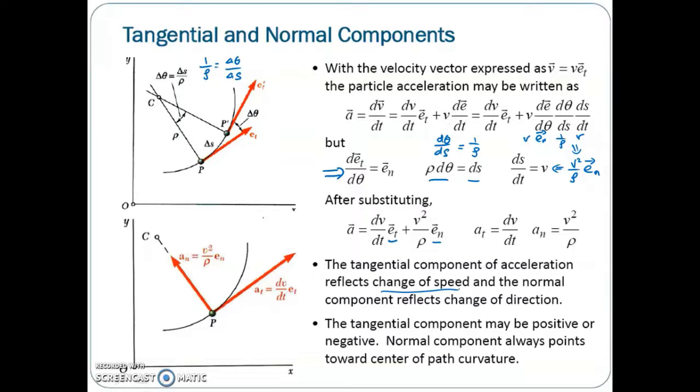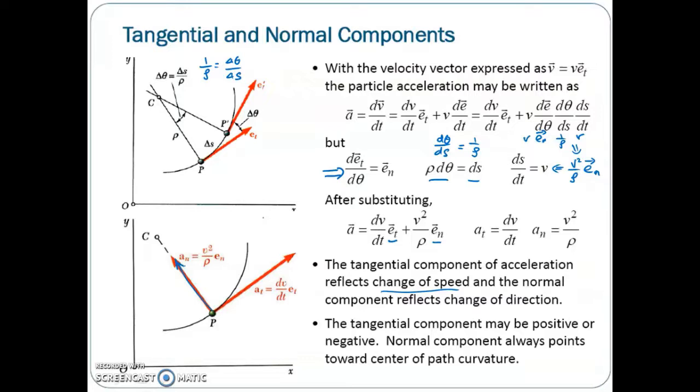The tangential component may be positive or negative. The normal component always points towards the center of path curvature, right? So this always points to the center of the curvature. The tangential, it could be positive or negative, depending on our velocities.